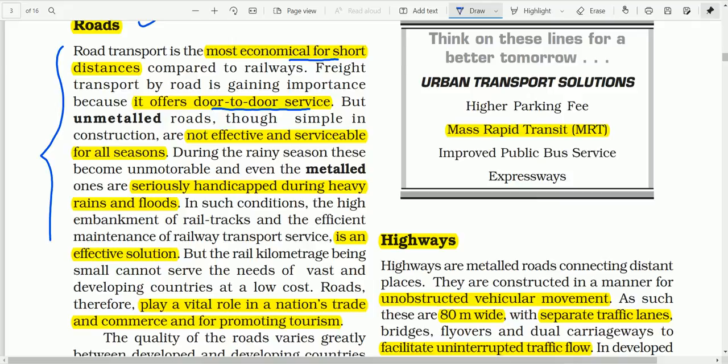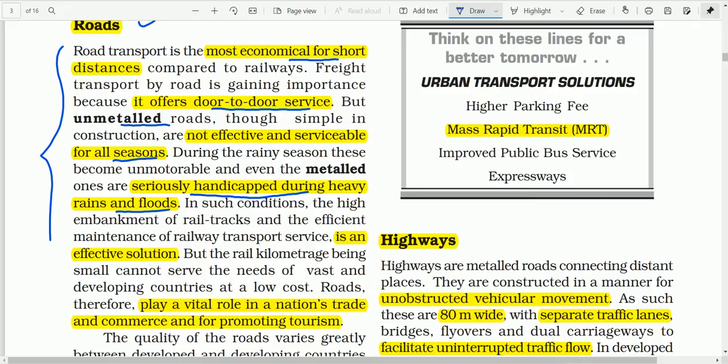However, unmetalled roads, not blacktop roads, that is fair weather roads, though simple in construction, are not effective and serviceable for all seasons. So what happens is that during the rainy season, these become unmotorable, and even metalled roads also are seriously handicapped during the heavy rains and the flood.